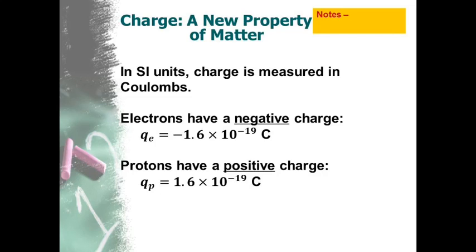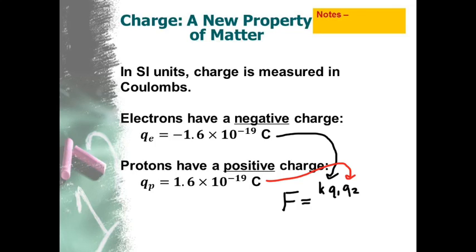If I were to try to figure out the force between a proton and an electron, I would first have my constant K, and then for Q1, I would plug in the charge of an electron, -1.6 times 10 to the -19. And then for my second charge, I would plug in positive 1.6 times 10 to the negative 19.